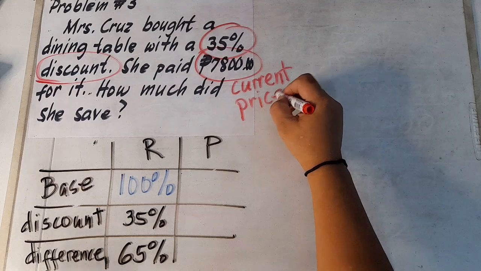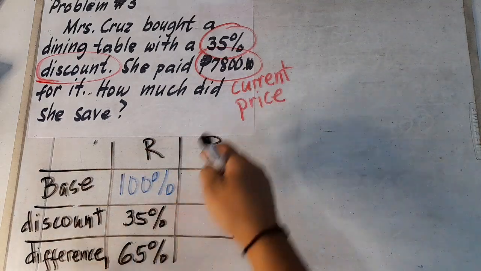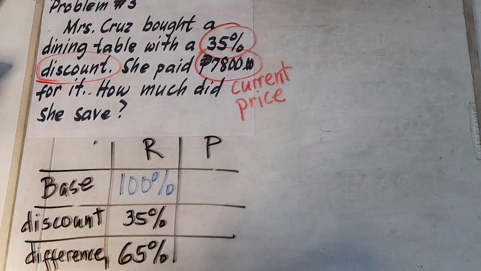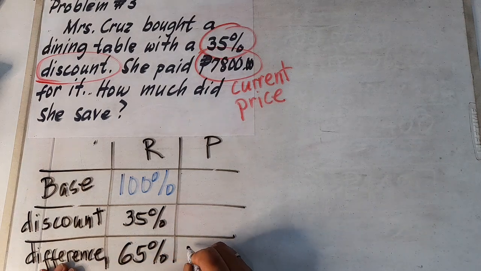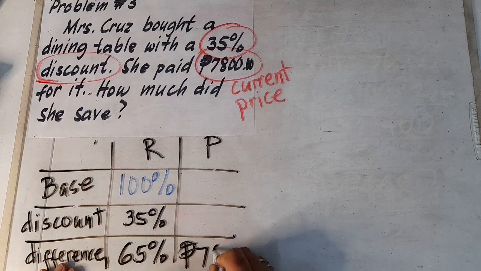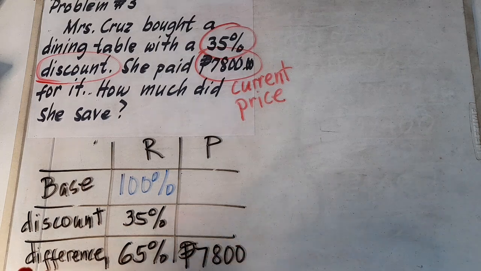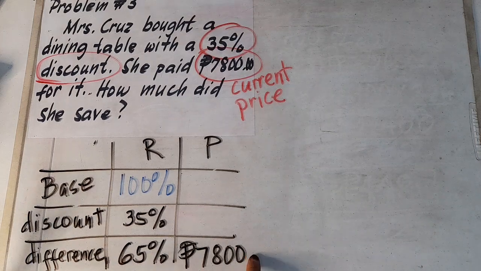And that means, if it's a current price, saan siya pupunta? Pupunta yan sa difference. Okay? Dito siya. So, we'll have here 7,800 pesos. So, tatandaan ninyo, ito ay lagi yung current price. Okay? So, it's or selling price.